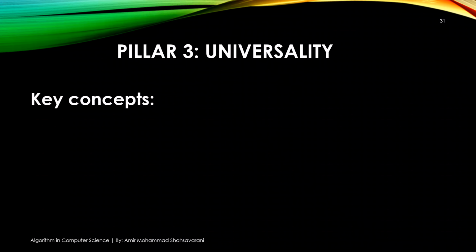We mean that every odd condition shall be handled in our algorithm if it is defined by the algorithm. So, the key concepts in universality would be first, input validation.